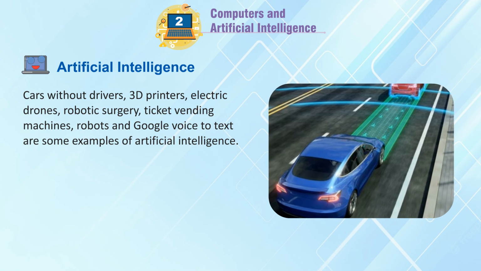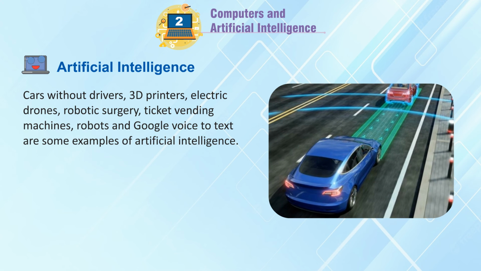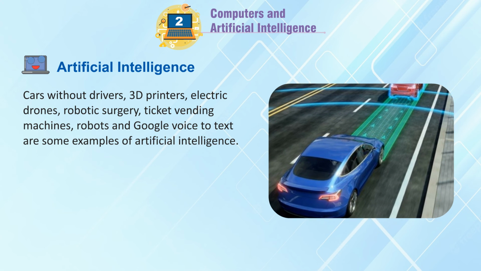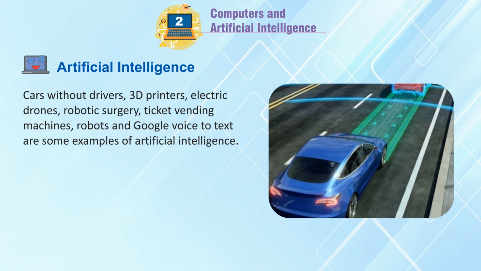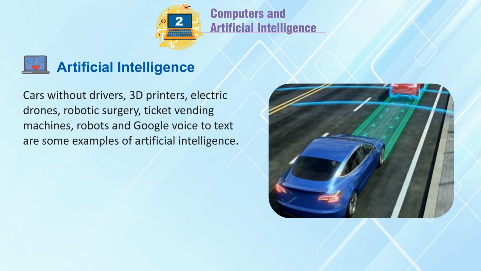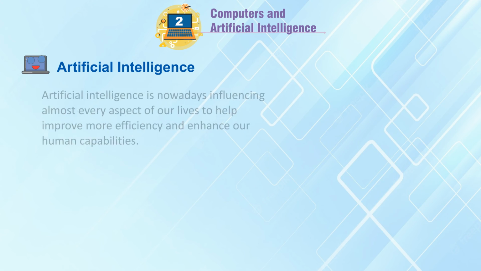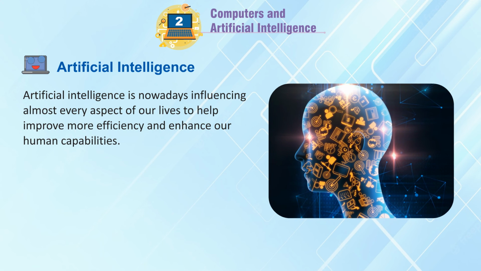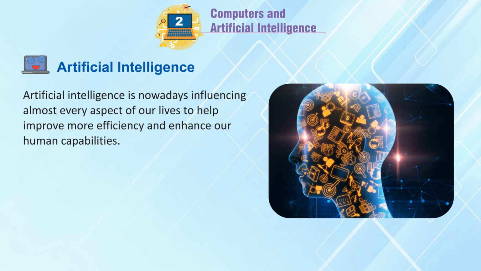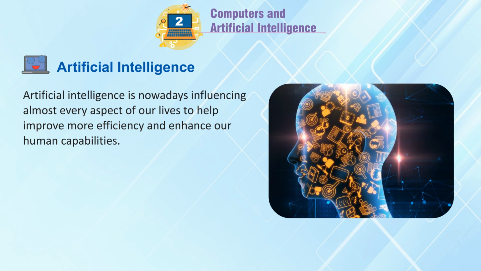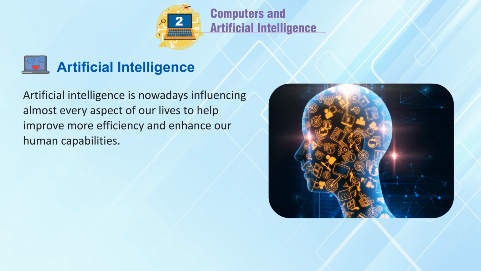Cars without drivers, 3D printers, electronic drones, robotic surgery, ticket vending machines, robots, and Google Voice to Text are some examples of artificial intelligence. Artificial intelligence is nowadays influencing almost every aspect of our lives to help improve efficiency and enhance our human capabilities.